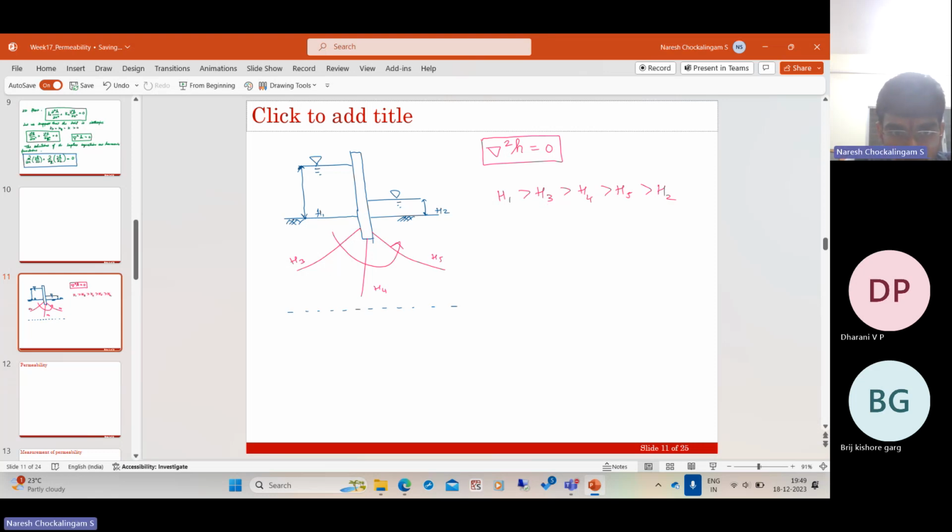So this line corresponds to H equal to H3. These are just the contours of the scalar function H. H is a function of x and y. You find all x and y such that H of x comma y is equal to H4. That is this contour. These lines are called equipotential lines.